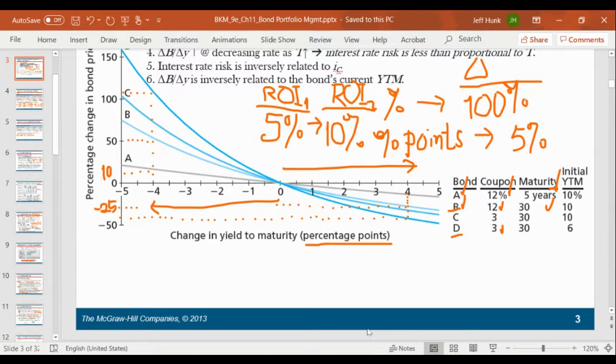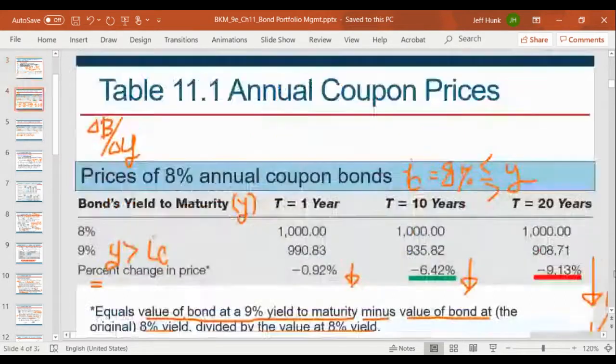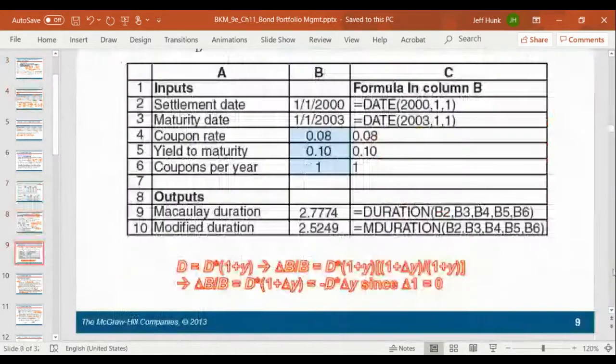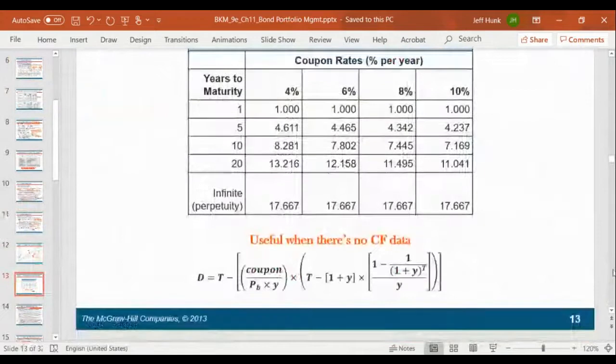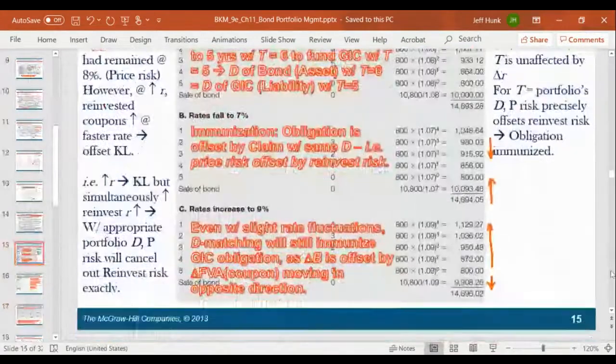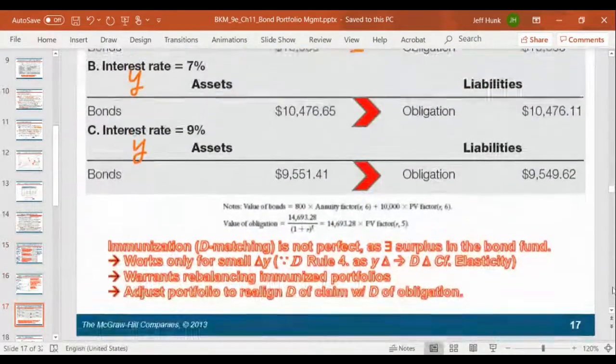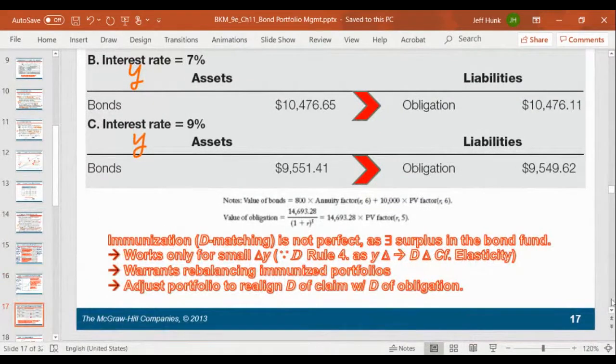So just like that, duration is only an approximation, because it's the slope of this curve, right? And that's why duration changes as interest rate changes, right?